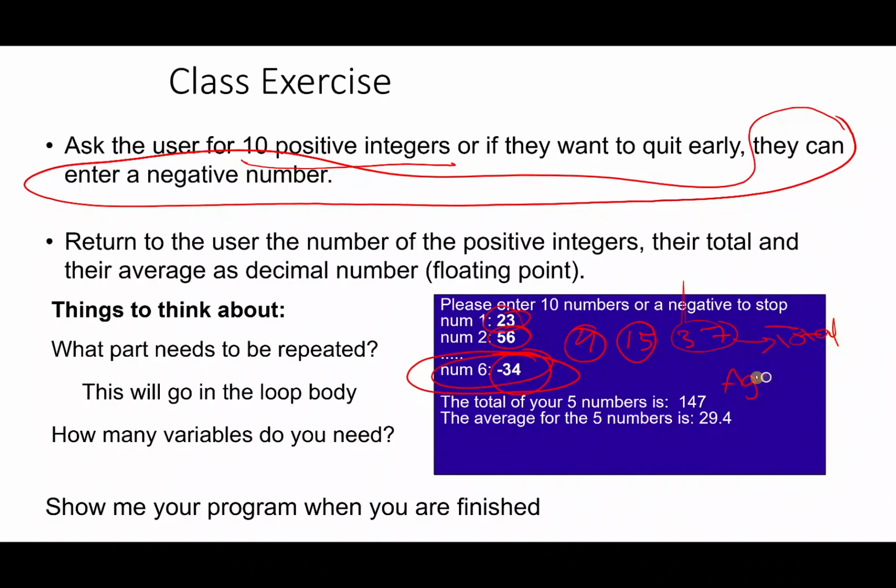And the average is going to equal the total divided by the 5 numbers, not including the 6th. This is what you should do.